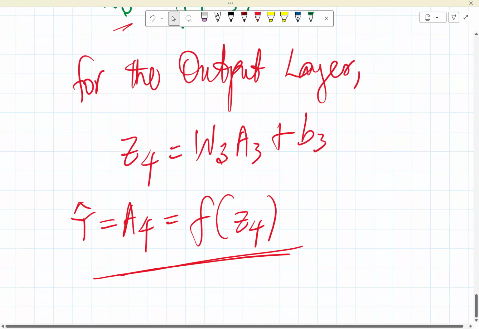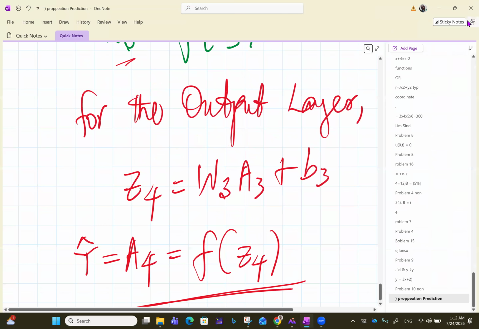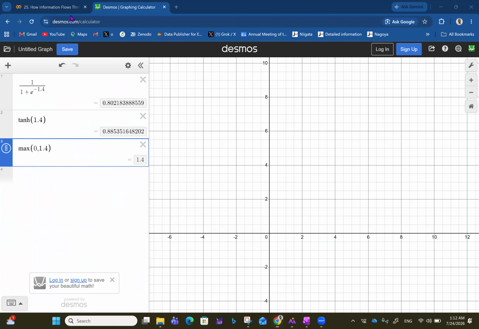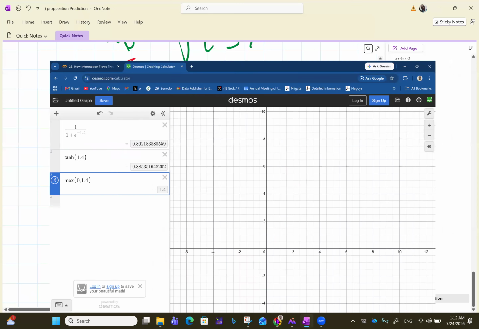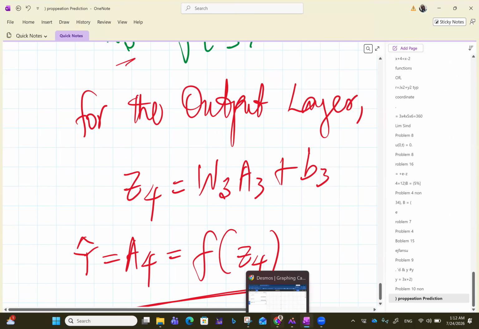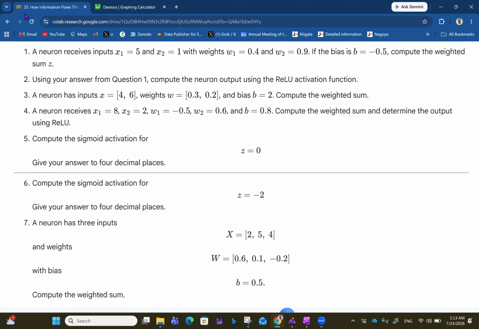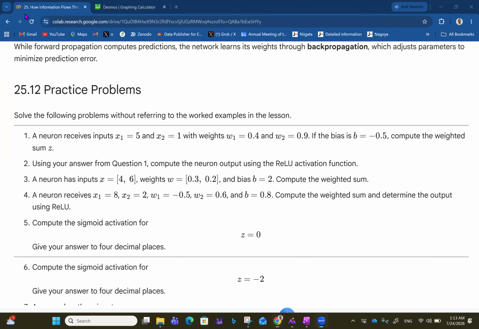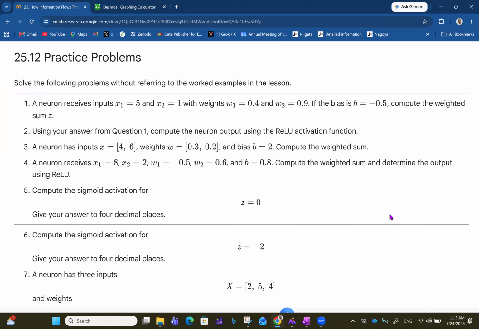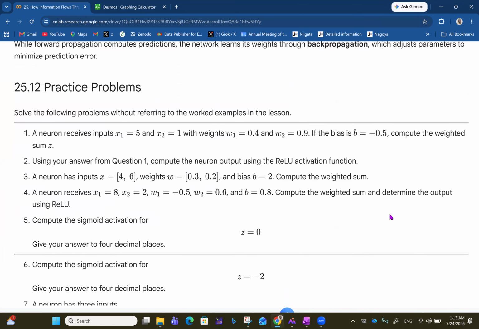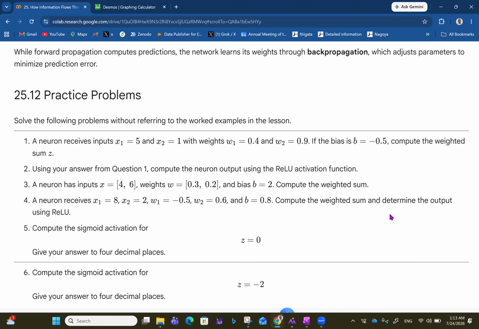So with that, we come to the end of this interesting video talking about how information flows through neural networks. Again, let me show you the questions so you can try your hands on them. Here you have practice problems. You can see all of 1 to 6 here.